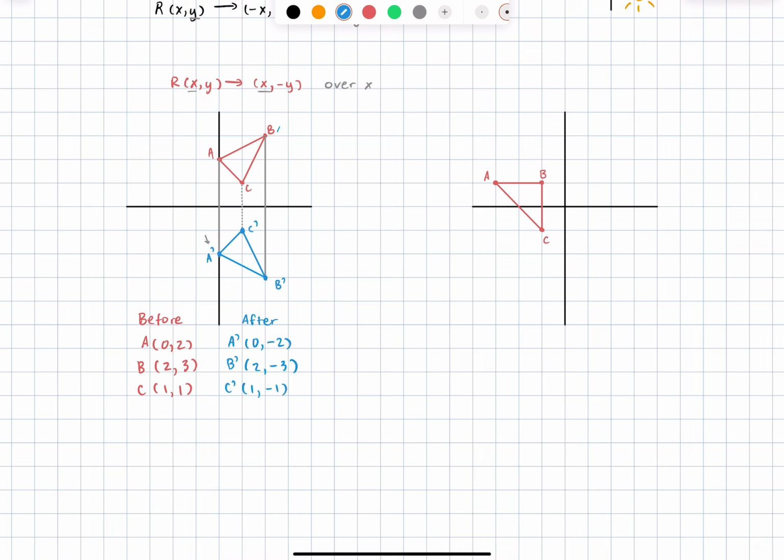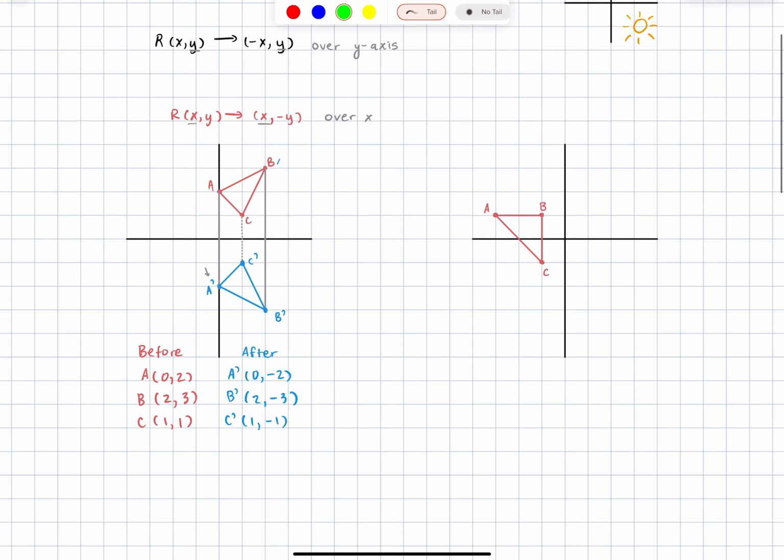As you can see from the points, the x's stayed the same, 0, 0, 2, 2, positive 1, positive 1. But in this case, y goes to negative y. So 2 becomes negative 2, 3 becomes negative 3, 1 becomes negative 1. So that's kind of how you could do it.